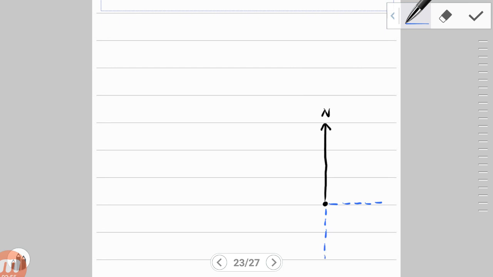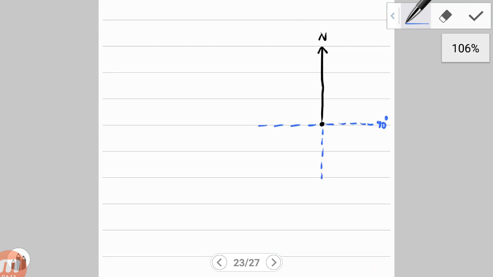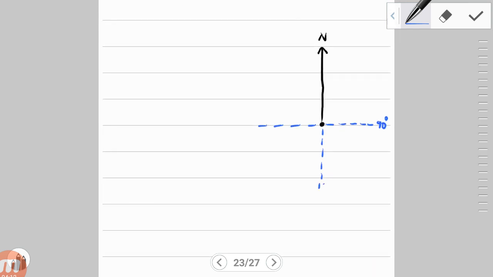Because I'm dealing with a bearing of 310 degrees, I'm going to use all my standard guidelines: the 90 degree guideline here. You don't need to indicate the 90 degrees, but this is just for the purpose of the tutorial. My 180 degree guideline here, and my 270 degree guideline here.